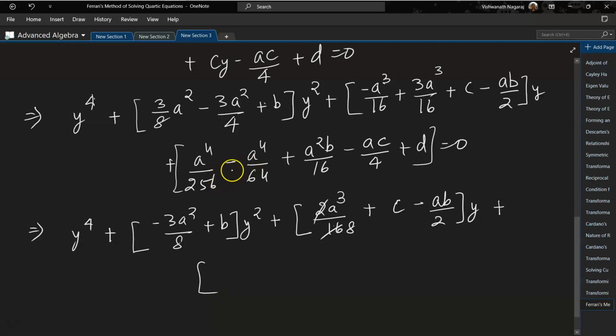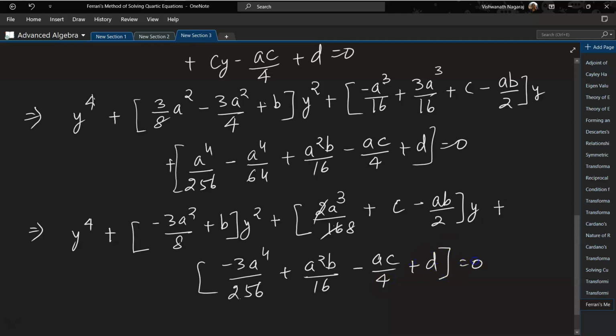Again here these two we can take care of: a to the power of 4 minus, 64 times 4 is 256, so a to the power of 4 minus 4a to the power of 4 is minus 3a to the power of 4 by 256, plus a square b by 16 minus ac by 4 plus d is equal to 0.